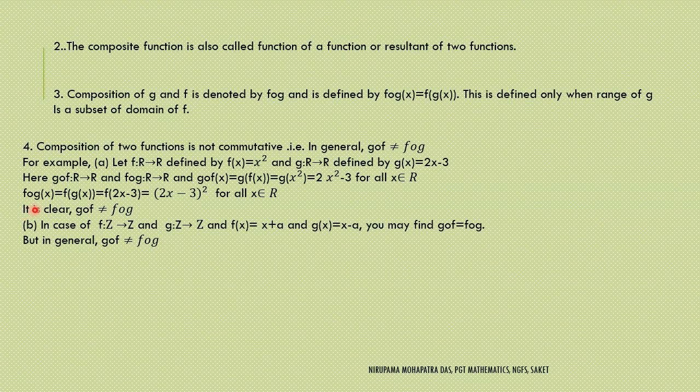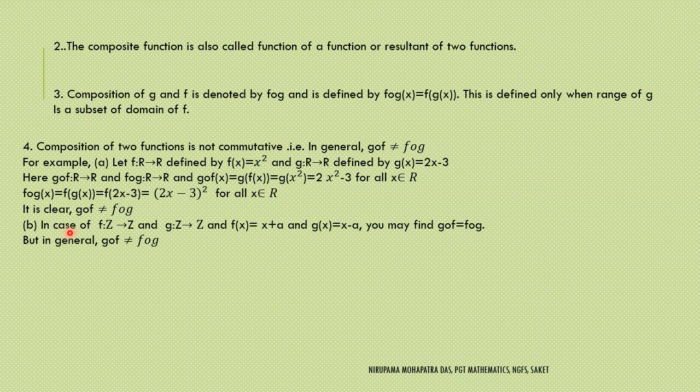Similarly, F of G(x) means F of 2x minus 3. f(x) is x square, this is the rule for f(x). So F of 2x minus 3 is the whole square of 2x minus 3. So it is very clear, F of G is not equal to G of F.